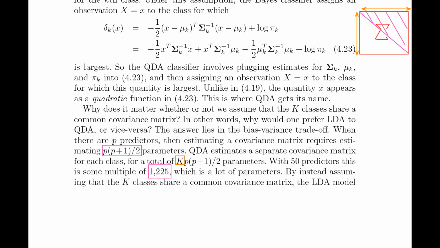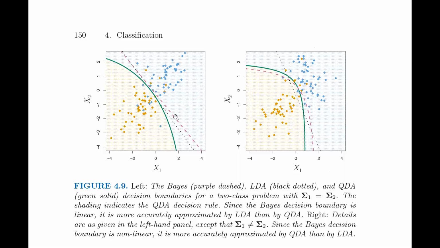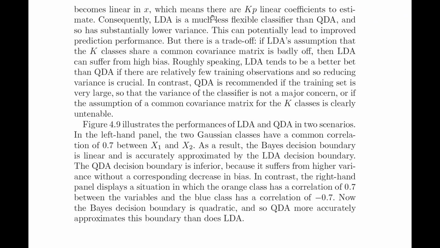So if you have 3 classes, seizure, stroke, and overdose, you'll now need nearly 4,000 parameters for all your covariances. But instead of assuming that the K classes share a common covariance matrix, the LDA model becomes linear in x, which means that there are Kp linear coefficients to estimate. Kp.